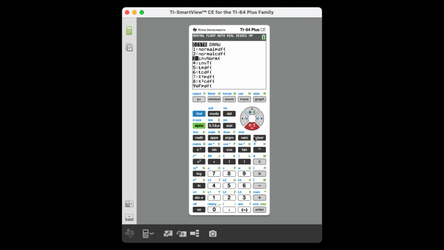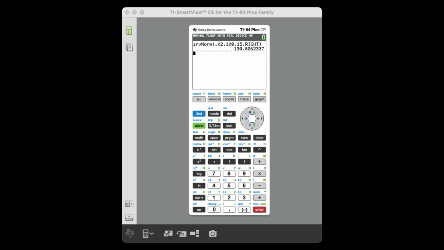Second distribution, inverse norm. Okay. Right tail is 2%, 0.02. The mean is 100, standard deviation is 15. So what I'm saying here is I can move this anywhere I want. It's on the right tail. Leave it there. Scroll down and paste.